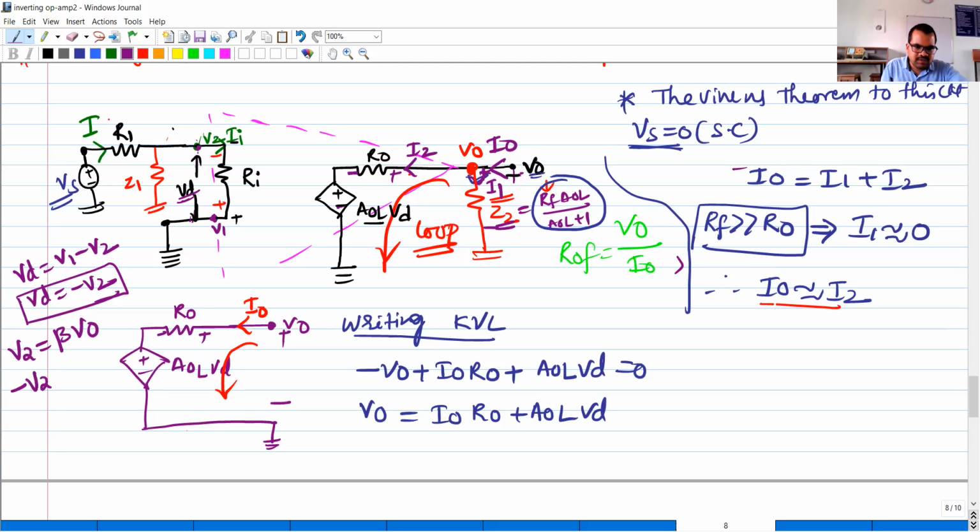So minus V2 is minus beta times V0. Wherever there is VD, I put minus beta times V0. So V0 is equal to I0 R0 minus AOL beta V0.